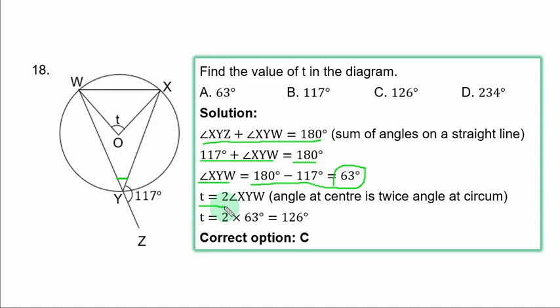Angle at center is twice angle at circumference. So T is equal to 2 times 63 degrees, and that is 126 degrees. C is the correct option.